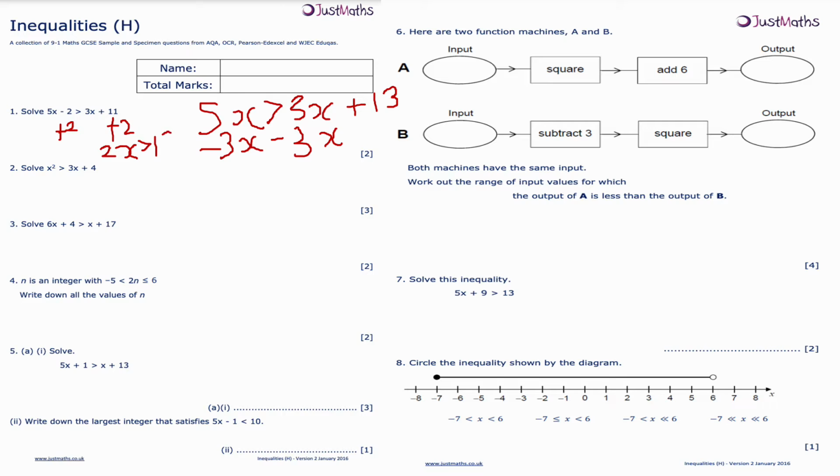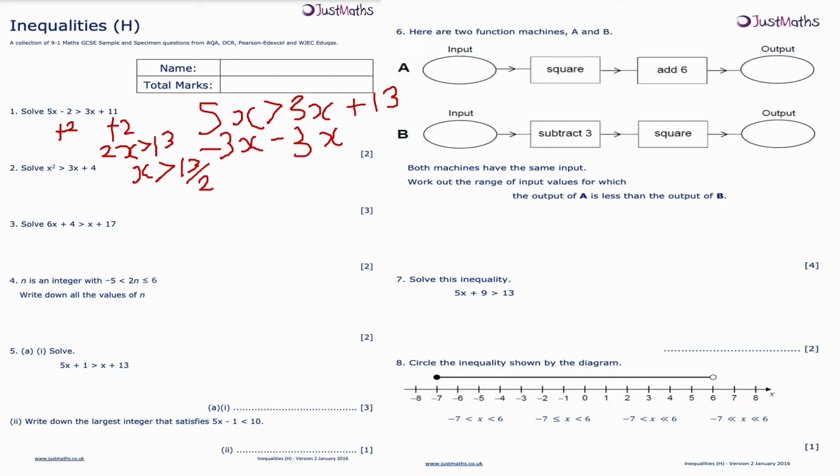Dividing both sides by 2, I get that x is greater than 13 halves, or 6.5. Either one is fine, so anything equivalent to 13 halves. So x is strictly greater than 13 halves.